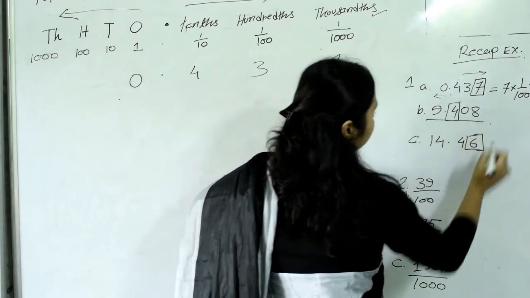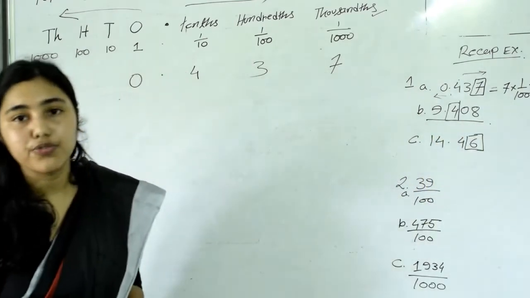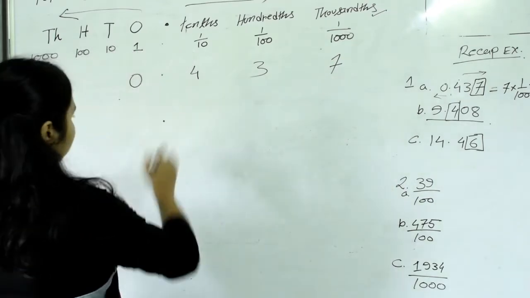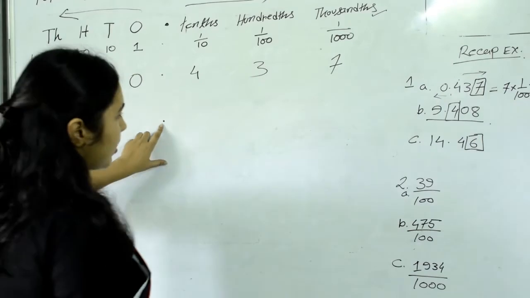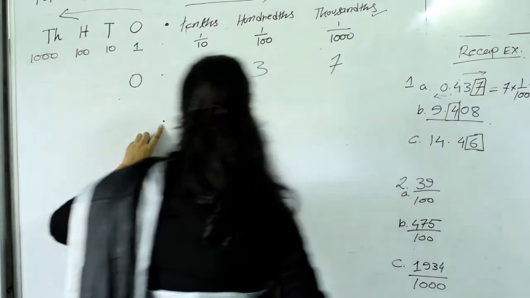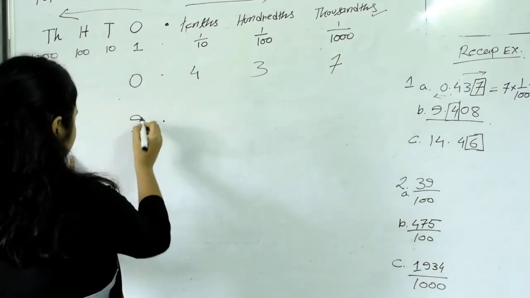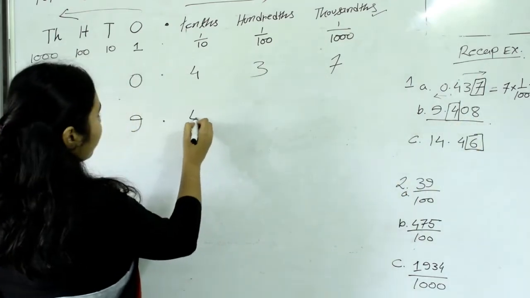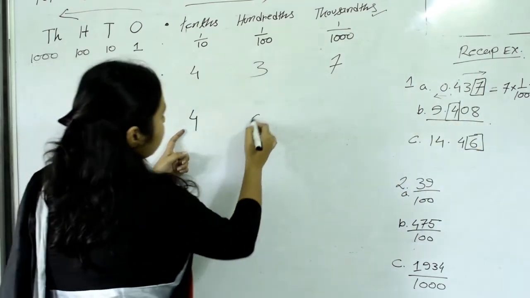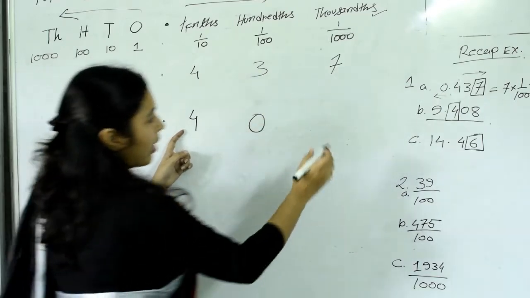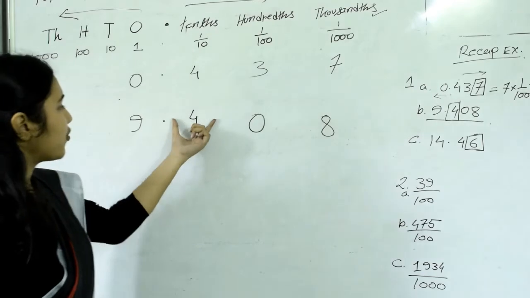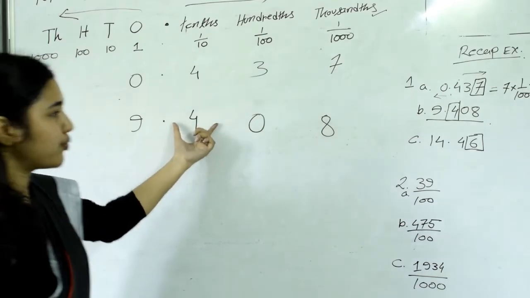Next number, 9.408. Again, place the point here, 9 ones, 408, which means 4 tenths, 0 hundredths, and 8 thousandths. We have to find the place value of 4.